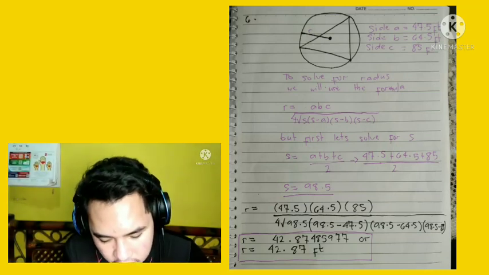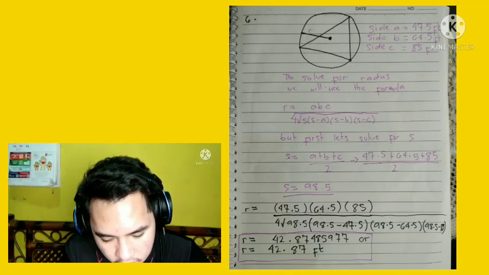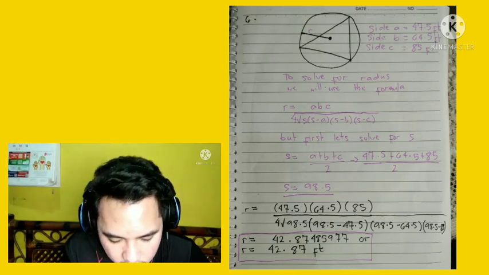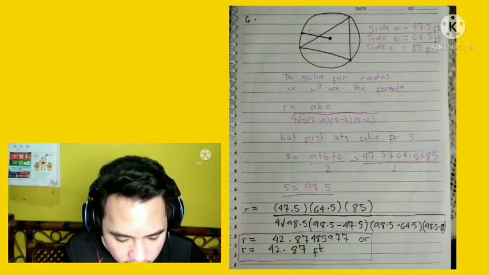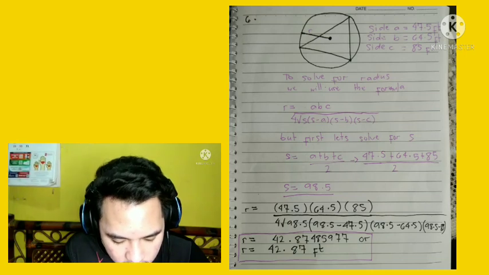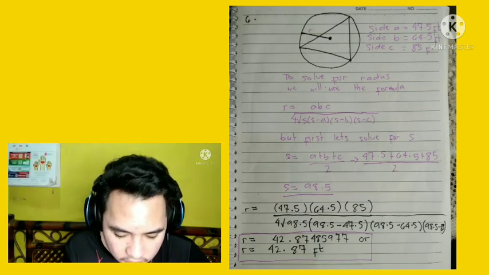So we have our radius here from the center to the other point of the circle. So to solve for our radius, we'll use the formula r is equal to abc over 4 square root of s times s minus a times s minus b times s minus c. But first, let's solve for our s.